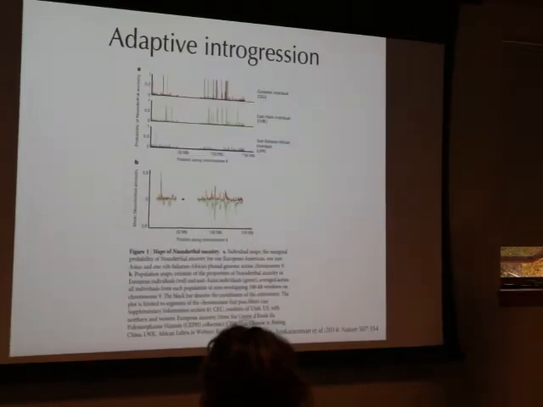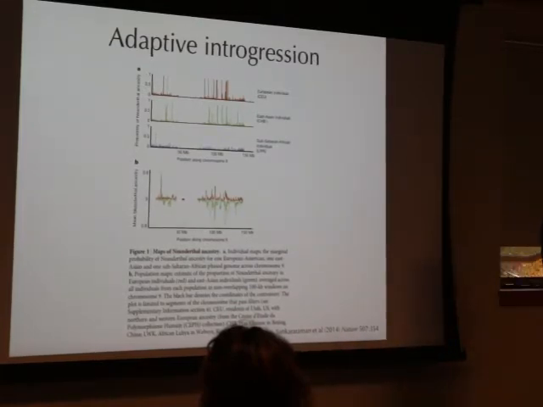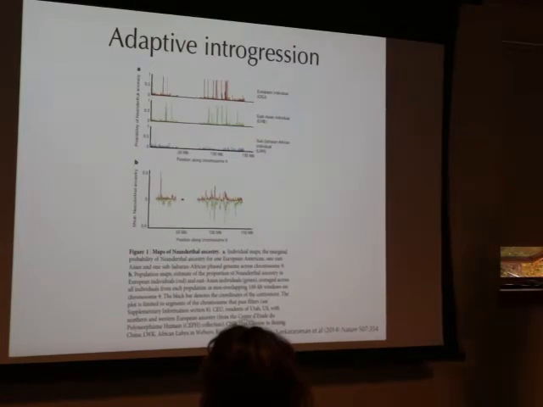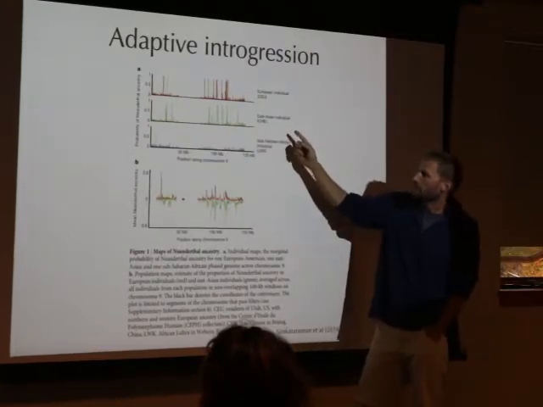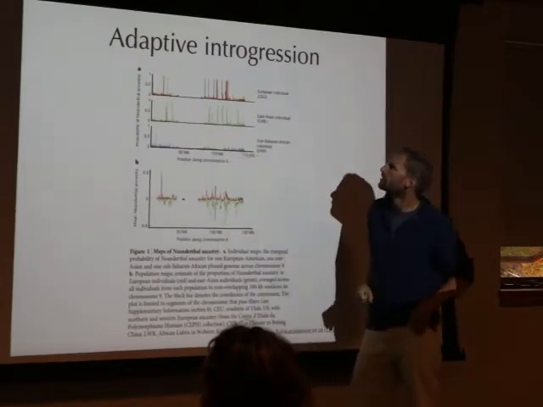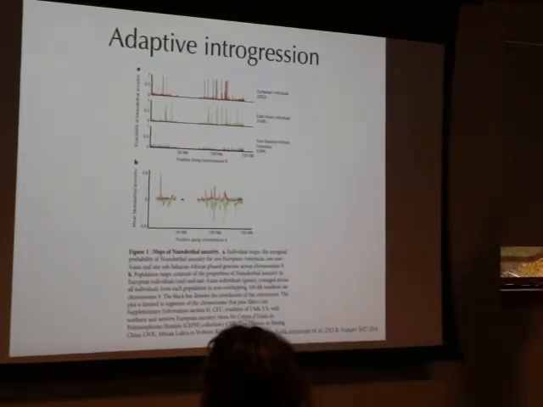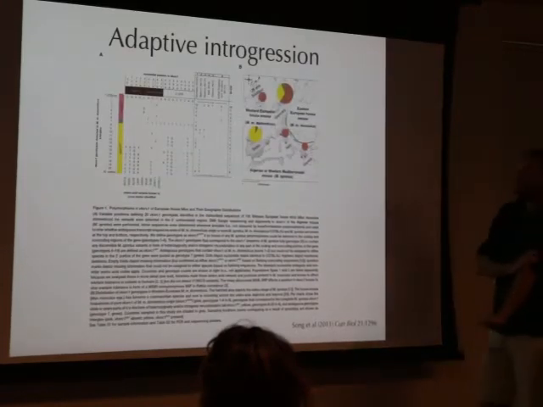Okay, here's another example. This is introgression from Neanderthals into humans. Most modern humans have the great benefit of having some small part of Neanderthal ancestry as a result of ancient hybridization and adaptive introgression. So here's just looking across part of chromosome 9. These little spikes are places where there's Neanderthal ancestry showing up. Okay, like I said, lots of examples. Here's another example.